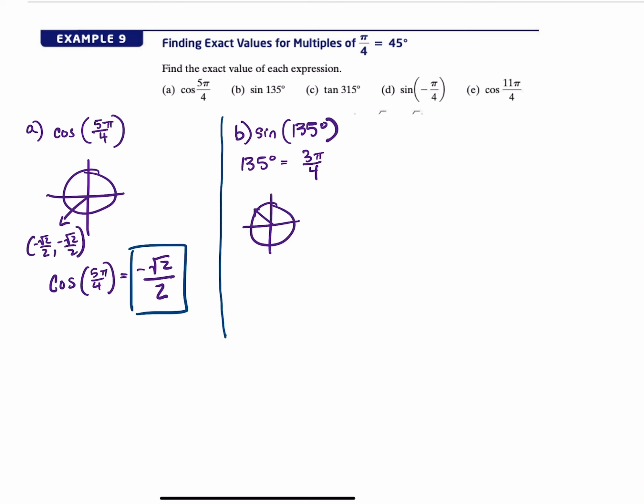That's the second quadrant pattern. In the second quadrant, the x is negative, so this would be negative root 2 over 2, and the y is positive, positive root 2 over 2. And I'm looking for the sine. The sine is the y-coordinate point, positive root 2 over 2.